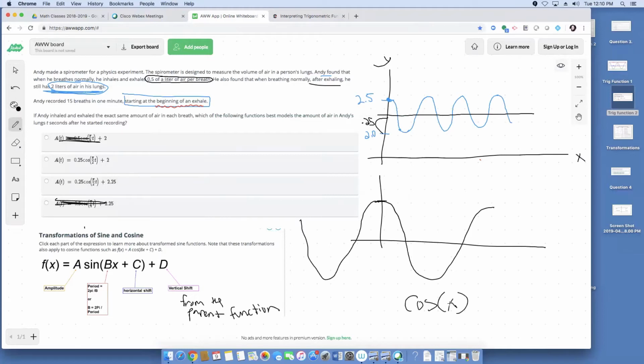The midline on a parent function is the x-axis. So the midline is the x-axis for the parent function, right? So how much did our midline move from the x-axis to what we're saying it is now?